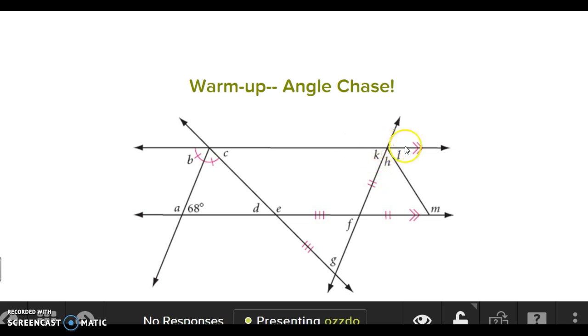Okay, and then I like to find L next, because we have a straight line and we already found K and H. L ends up being 56 degrees. And since we knew this base angle of this isosceles was 56, we have a linear pair with M, and M ends up being 124.